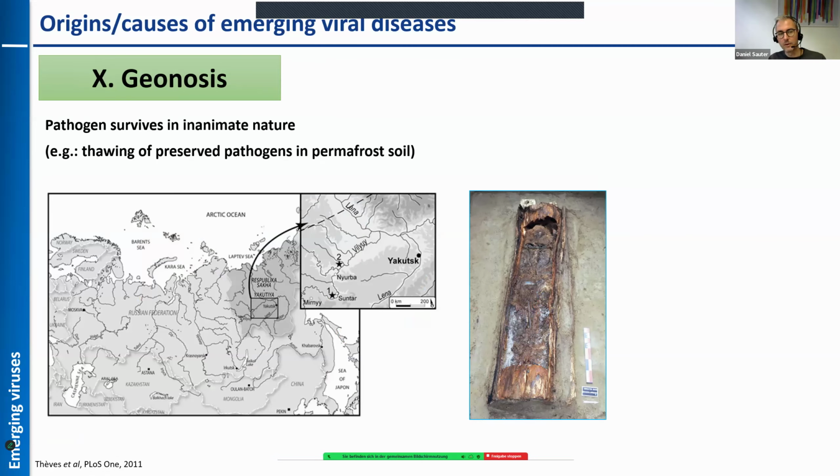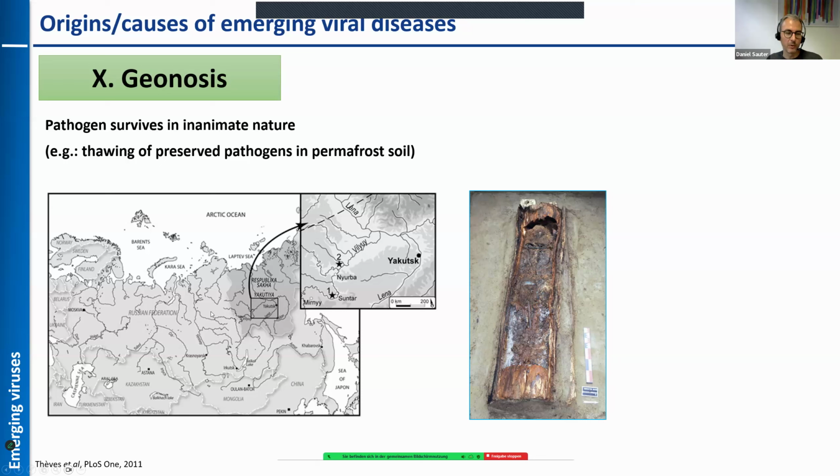Another term that I would like to introduce, apart from zoonosis, is geonosis. Geo refers to the soil, earth. That's more like a hypothetical scenario where a pathogen that has been circulating hundreds of years ago survives in permafrost, for example.